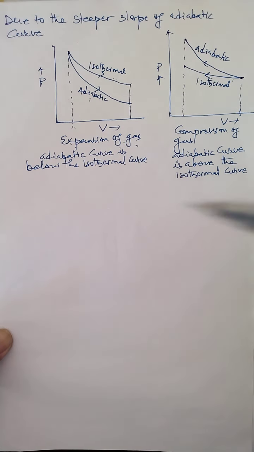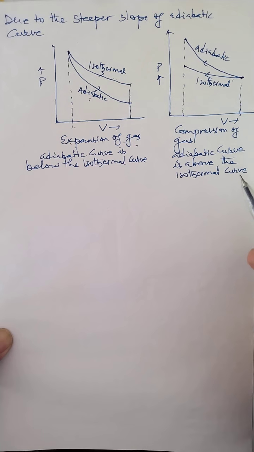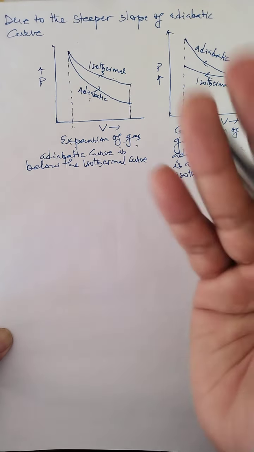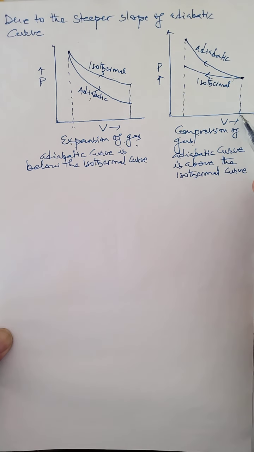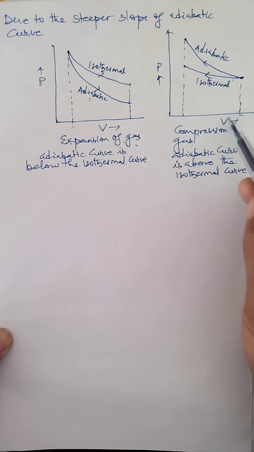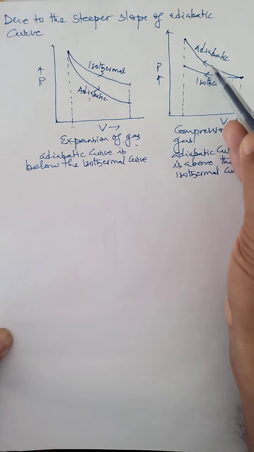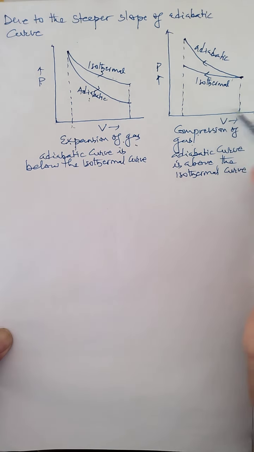The process will be opposite when we compress the gas. When there is a compression of gas, the volume decreases, and when volume decreases, pressure increases. Under compression, when volume decreases from a high value to a low value, if you go this way, these two arrows indicate that the volume is decreasing in this direction.